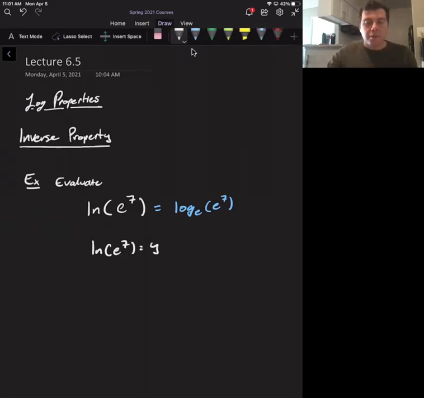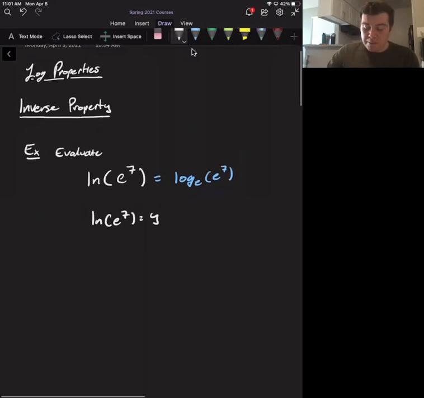So now we have two sides of an equation to work with. And then we're going to apply our definition of what the logarithm is. So the log of e to the seventh solves the equation of e to the y equals e to the 7.